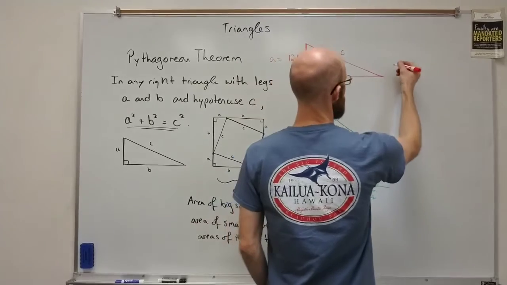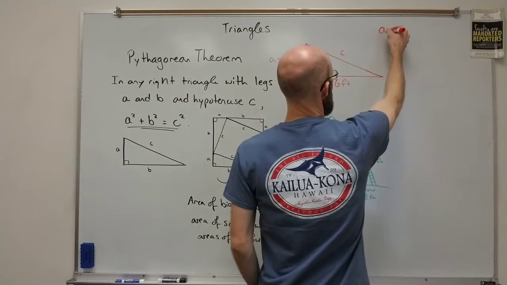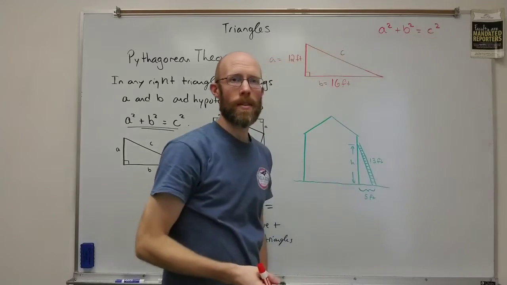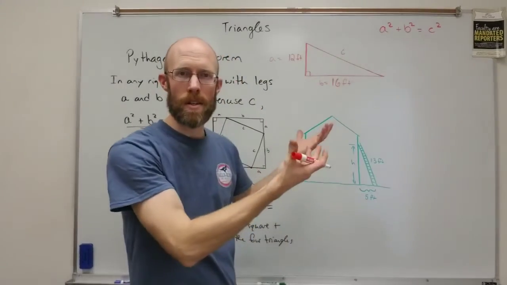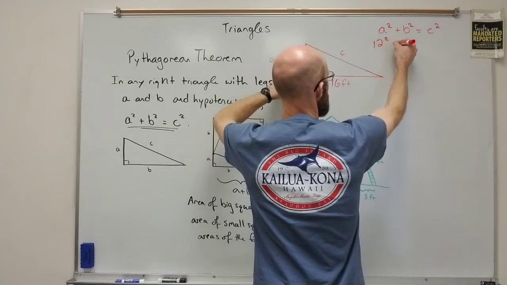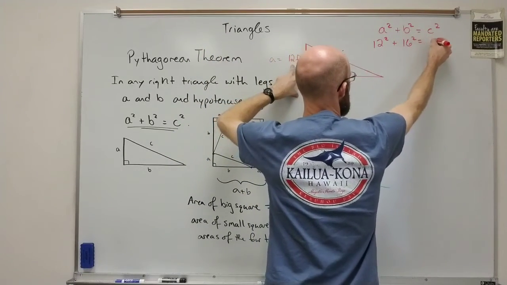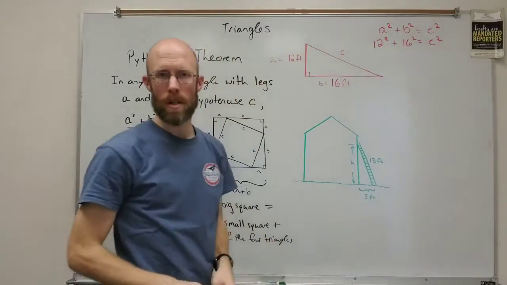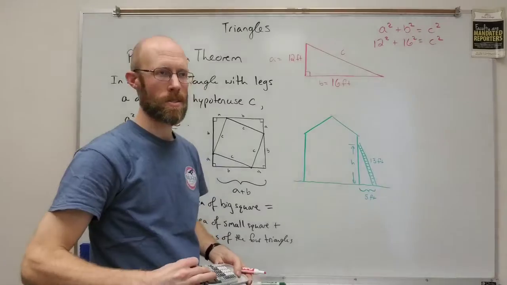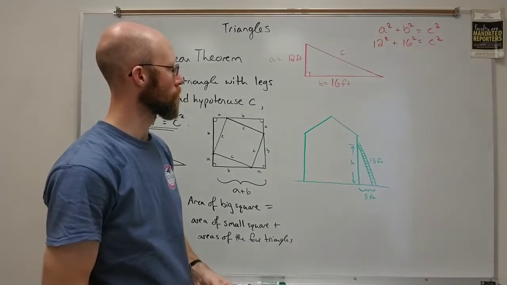So I start with my formula, A squared plus B squared is equal to C squared, and then we plug stuff in and solve the equation. So this is 12 squared plus 16 squared is equal to C squared. Now I may need a calculator, I may not. 12 squared is 144.